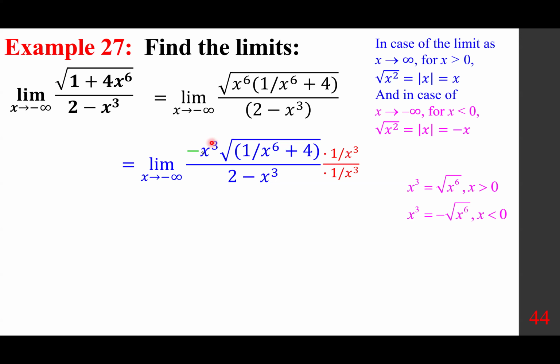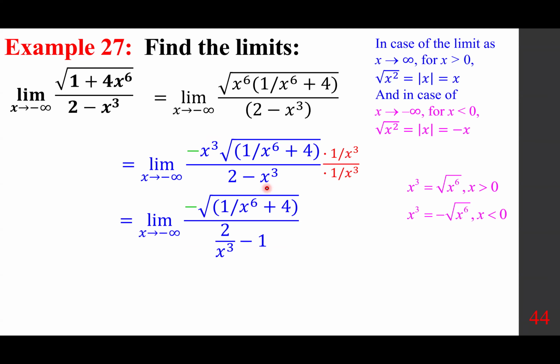So this drops from the top. This becomes 2 over x cubed, and this becomes negative 1. So we drop the x cubed from the top. The bottom becomes 2 over x cubed, and this one becomes negative 1.